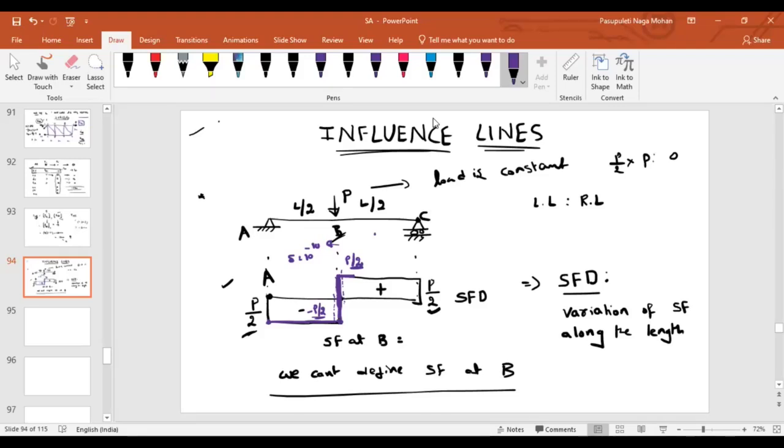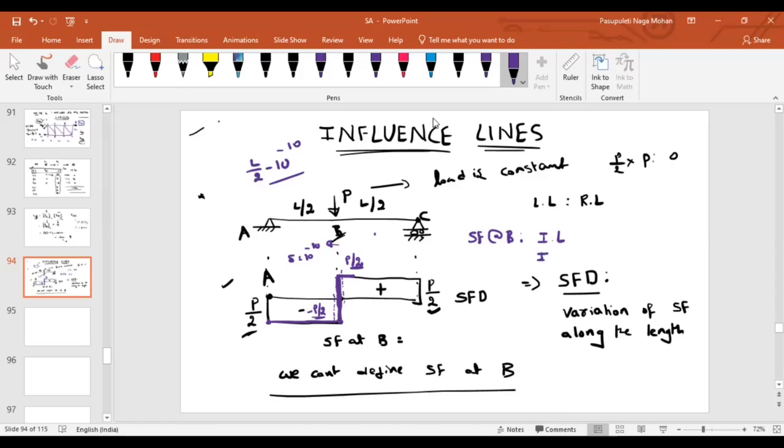In that case, we will say the shear force at B immediate to the left. When I'm talking about immediate to the left, it doesn't mean that I'm taking 1 meter, 2 meter. Suppose, if this is L by 2, I'm talking about L by 2 minus 10 to the power of minus 10. That means very, very close to the point, just to the left of it.